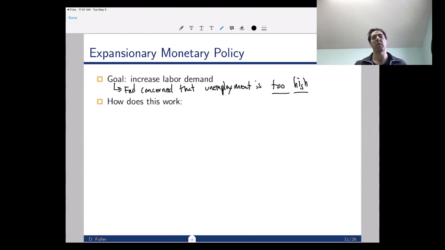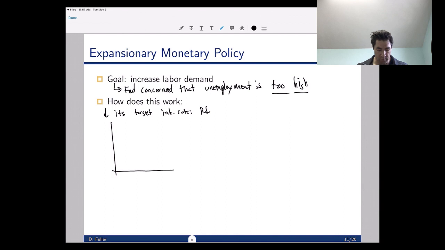And so how is that going to work? How does this function exactly? So what the Federal Reserve is going to do is it's going to decrease its target interest rate. So it wants the interest rate to decrease.